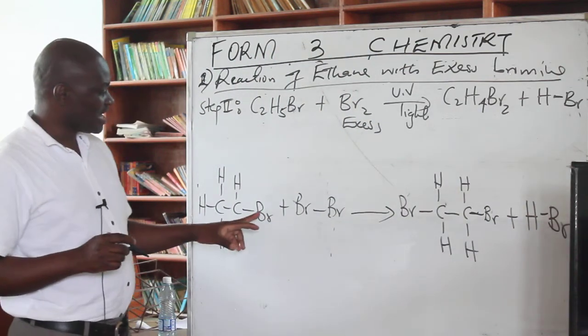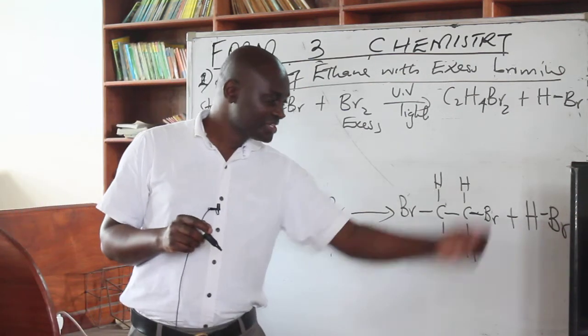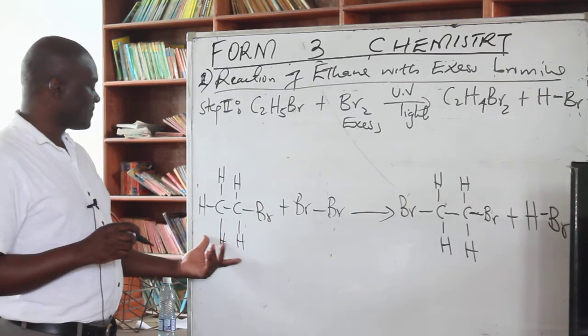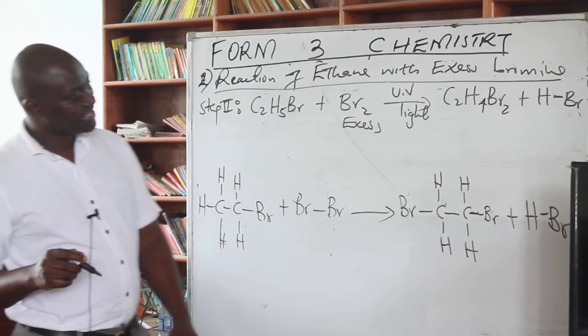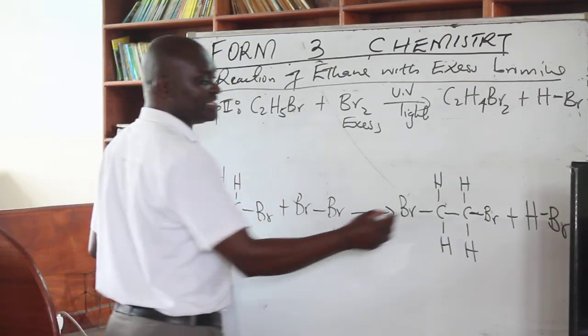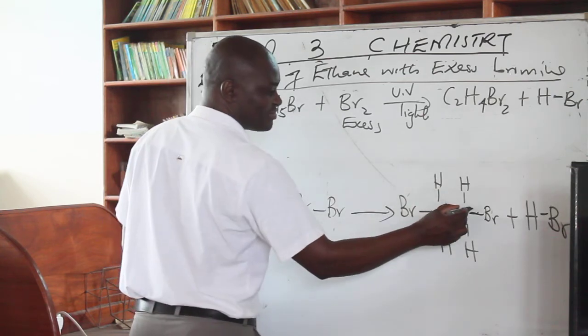So these are 3 bromine atoms. Hydrogens are 5. So you can name this as, there is bromine at carbon 1 and bromine at carbon 2.